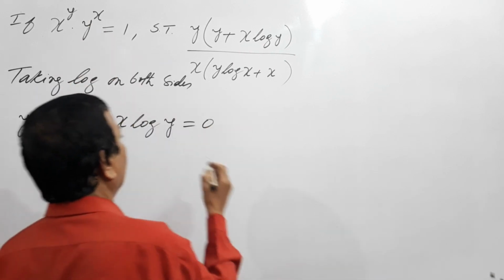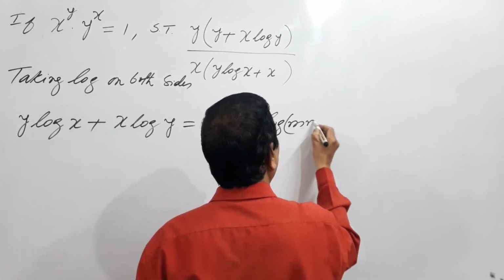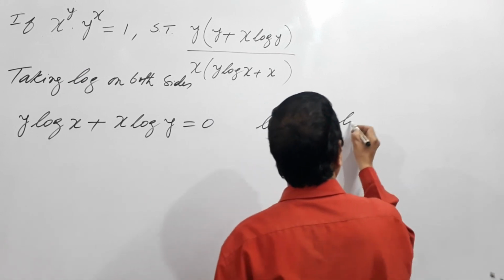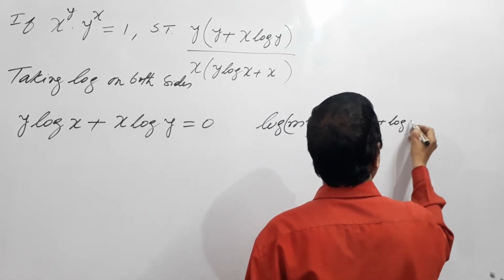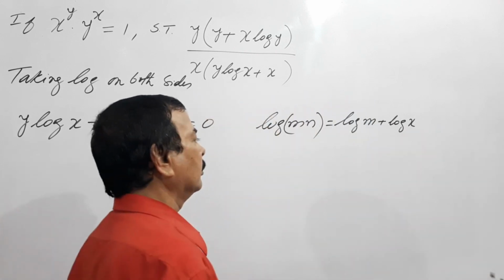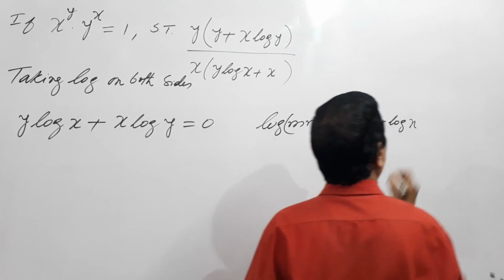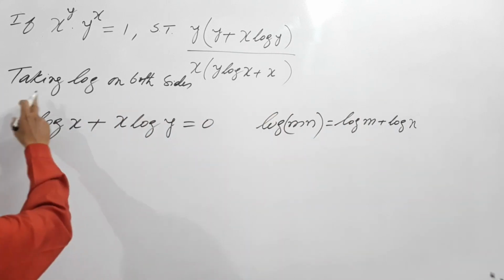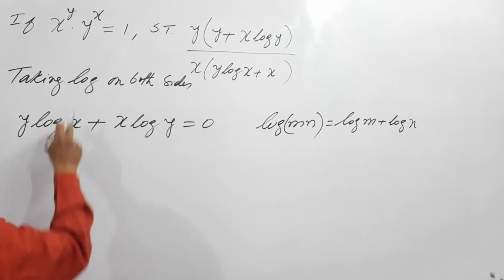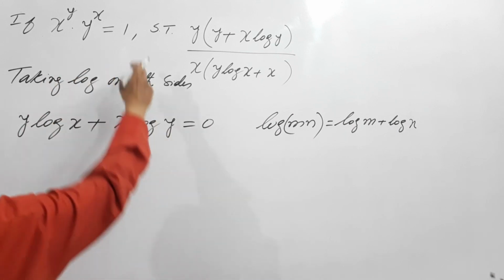So what is this law here? Log mn equals to log m plus log n. So I use that property here. So this becomes y log x plus x log y equals to 0.